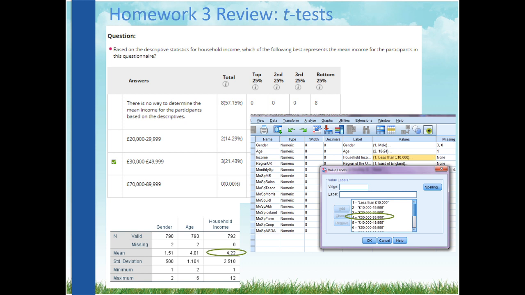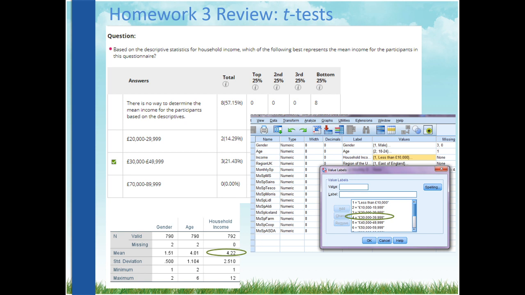So this week when we're talking about categorical data, that's actually really important to do, is that you have to convert the mean sometimes for categorical variables into what does it represent in terms of the categories listed. So 4.22 means that for the most part the income we would expect to fall between 30 and 50,000.